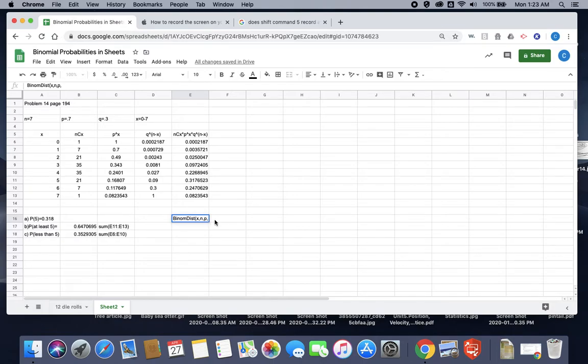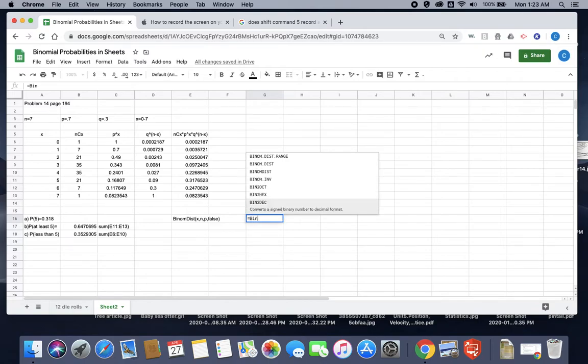So if we want to do an individual probability like we did here with letter A, we're going to have to type in the word false. So we're going to jump over here, equals binomial distribution. We're going to put in our number of successes. For letter A, we wanted 5 successes. We still had 7 trials. We still had 0.7 as our probability of success.